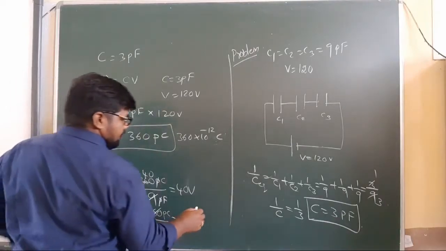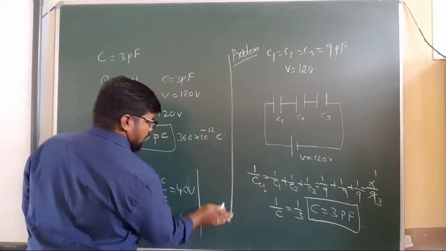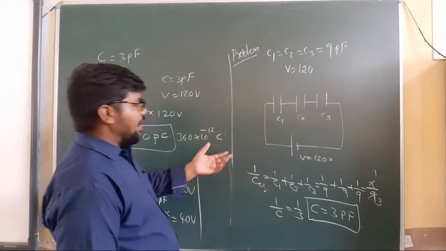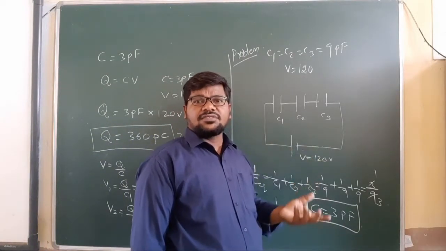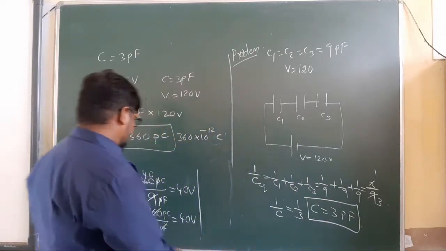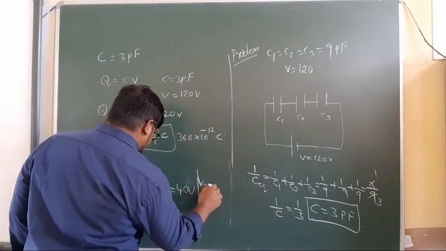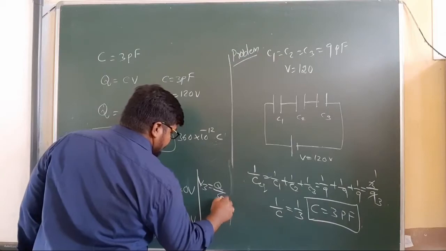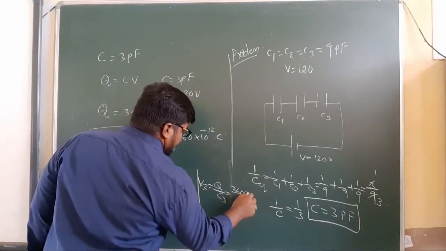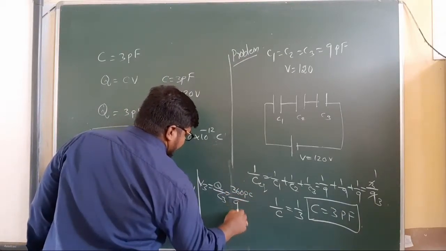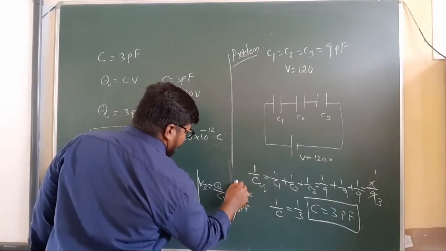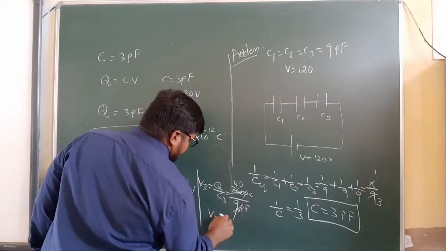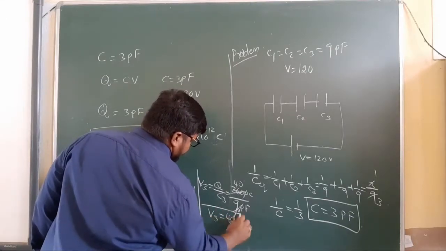Then how do we find V3? Because the same capacitors are arranged, we get the same potential. V3 is equal to Q by C3, 360 picocoulomb by 9 picofarad, which is 40 volts.